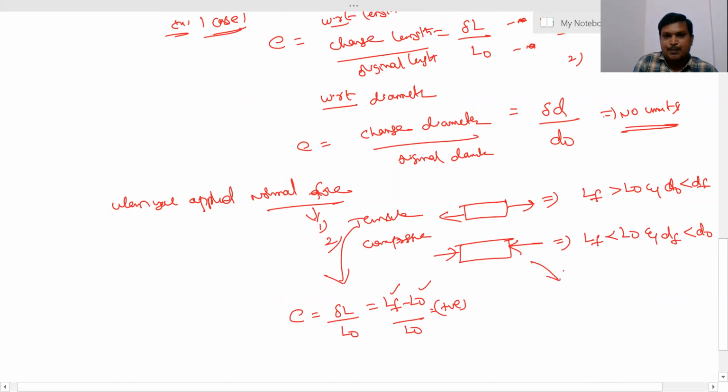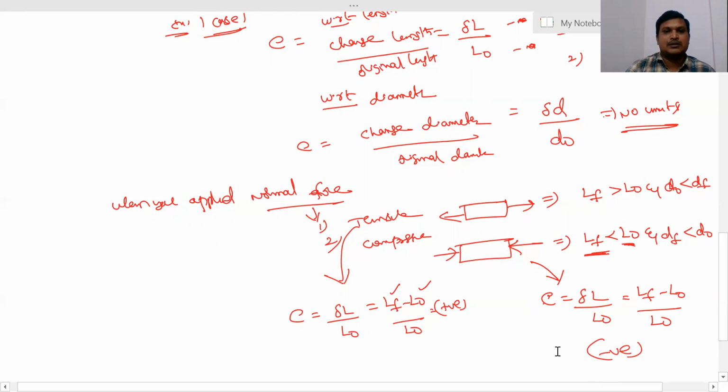When you apply compressive force, epsilon is equal to delta L by original length, and delta L is always final minus original. The final length is less than the original length, so here we get a negative strain.